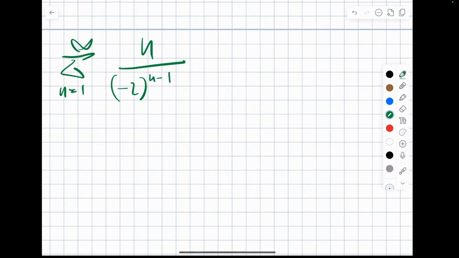And we're going to talk about absolute convergence and conditional convergence, using the same test. We're also going to talk about the error of alternating series, and then we're going to do a test. After that, we're going to do the ratio test, radius of convergence, and Taylor series and power series. And then we're done.